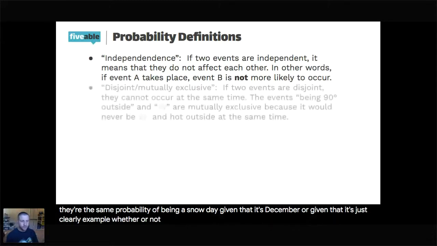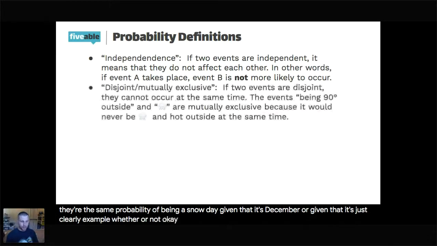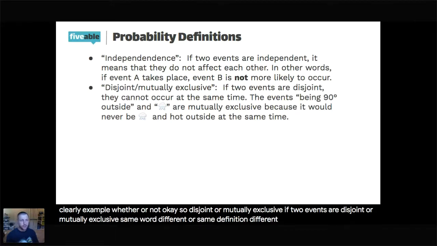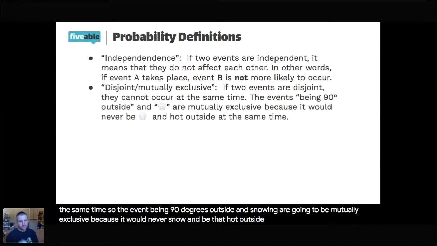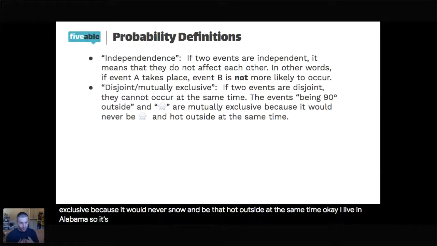Okay. So disjoint or mutually exclusive. If two events are disjoint or mutually exclusive, same definition, different word, they cannot occur at the same time. So the events being 90 degrees outside and snowing are going to be mutually exclusive because it would never snow and be that hot outside at the same time. I live in Alabama, so it's already really hot here.